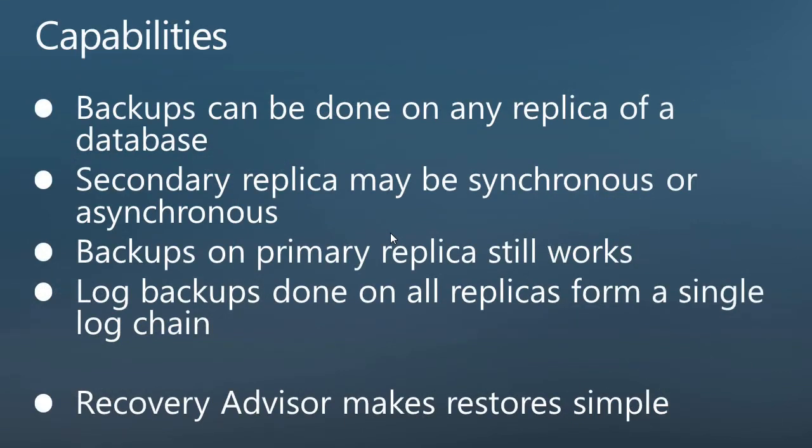The capability this brings is that you can do backups on any replica of a database. The secondary replica that you're doing the backups on can be sync or async. So even if you have an async replica that is somewhat behind, you can still do reliable backups on it.